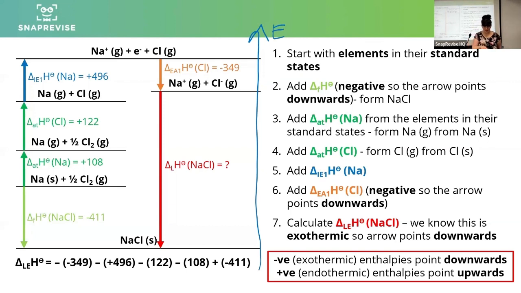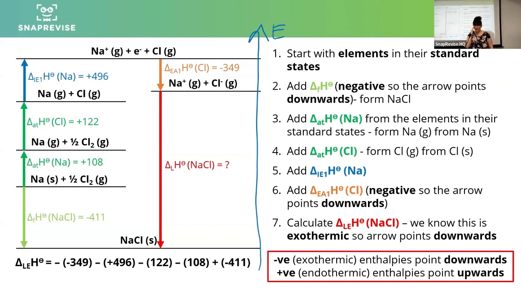So negative or exothermic enthalpy changes must point downwards, because that's showing the process gives off energy, so the enthalpy decreases. And positive or endothermic enthalpies, arrows need to point upwards. So processes that are endothermic, the arrow must point upwards, because as that process happens, you are gaining enthalpy.